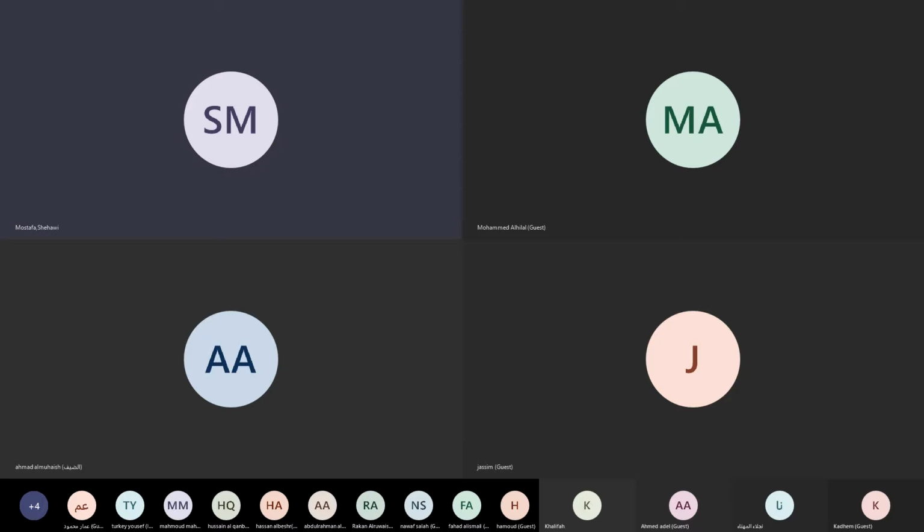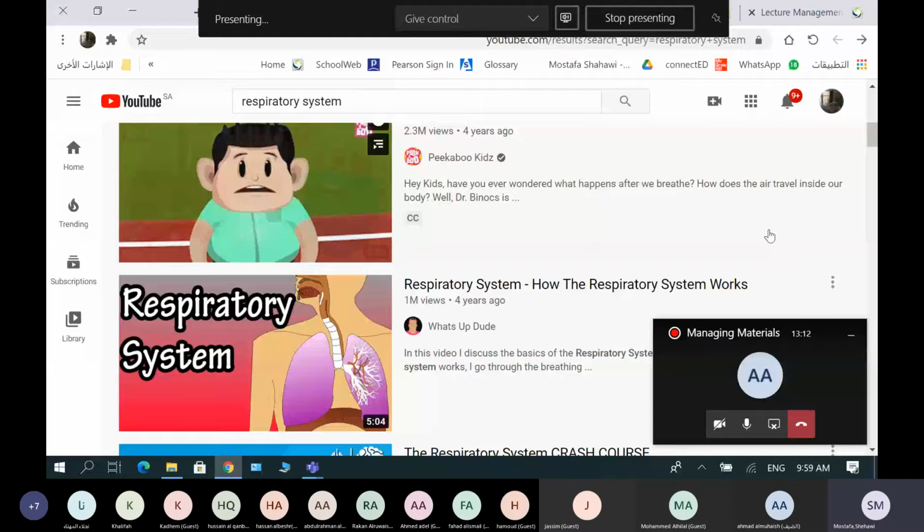So today, inshallah, we'll talk about the respiratory system, and let's listen to a video about it first. I'll share my screen with you. Muhammad Hashim, lymph nodes are small lymph tissues that contain white blood cells. What are they doing? They filter the lymph fluid from viruses and bacteria.